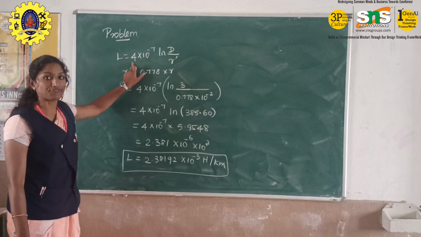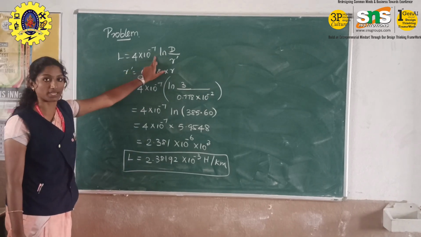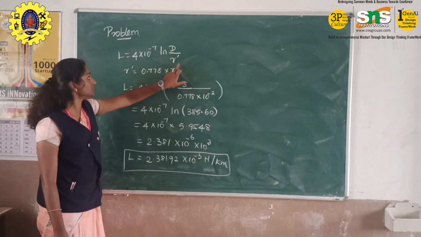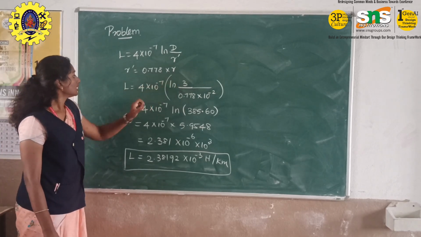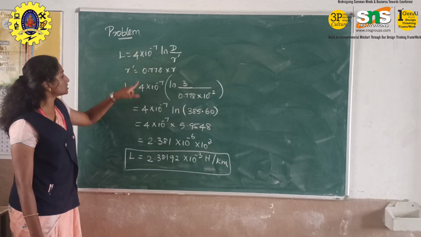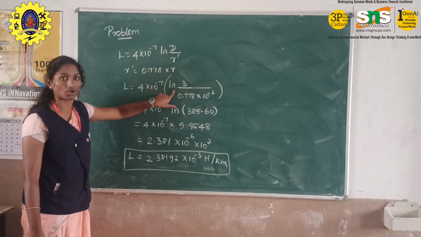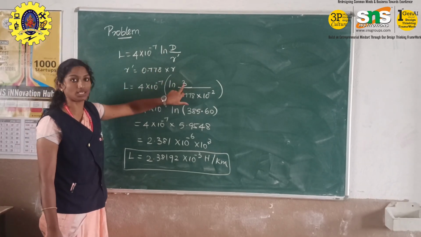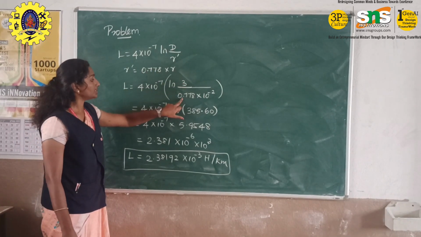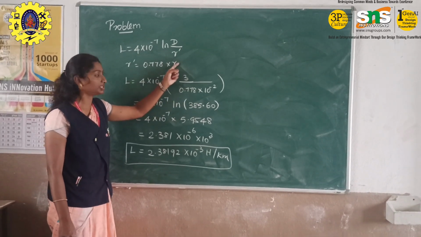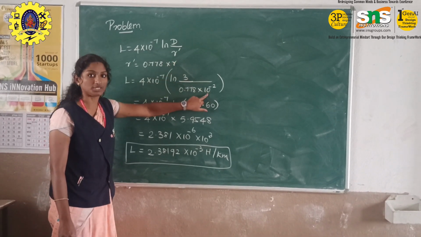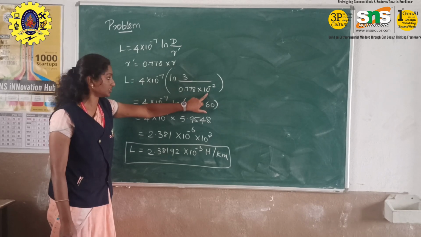By substituting this, 4 into 10 power minus 7 ln of, the distance is 3 meters and 0.778 into the radius, which is 1 centimeter. Centimeter to meter conversion is into 10 power minus 2.